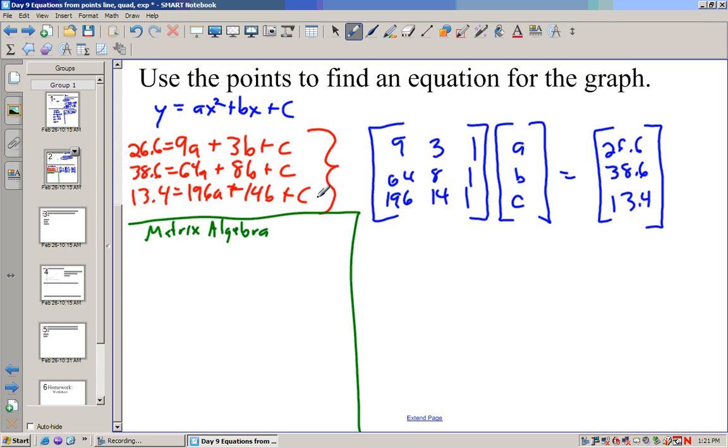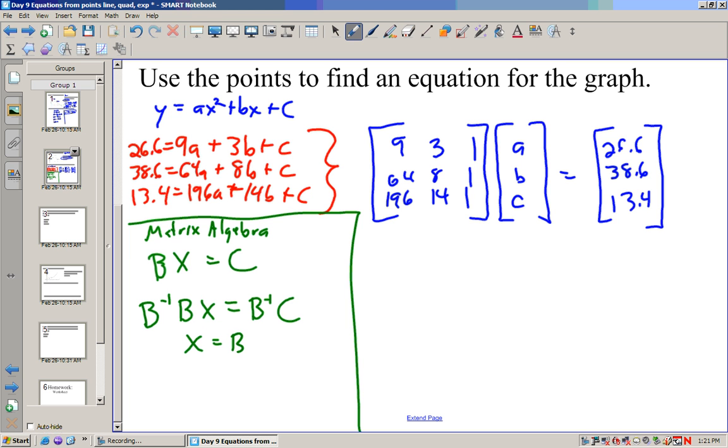Matrix algebra works a little differently than our general algebra, because if I have B times X is equal to C, and I want to find this variable X, I can't divide both sides by B. It doesn't make sense to divide by a matrix. So what we do is we use inverses. We can take B inverse of B times X, and B inverse of C, and B inverse of B will cancel each other out because they undo each other.